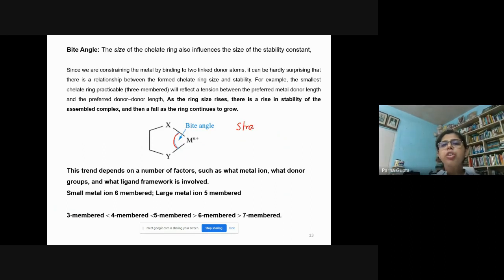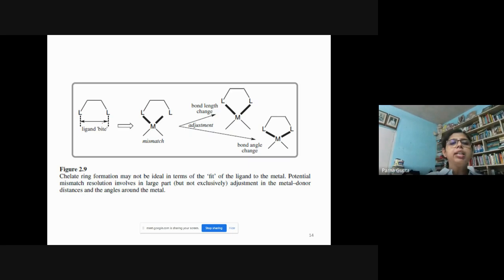Whether this is a very compatible situation depends on the angle. Here there is a ligand bite, and if this M is like this, in the 5-membered ring the bond length permits the best, and in the most stable case the bond angle is best for the 5-membered ring.